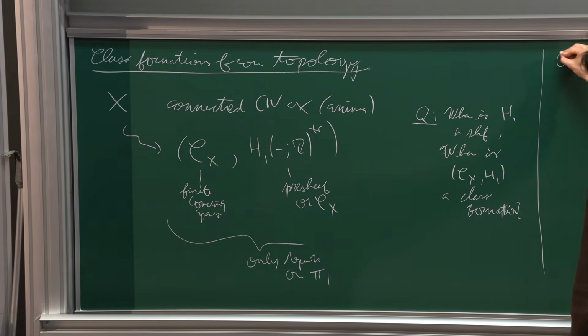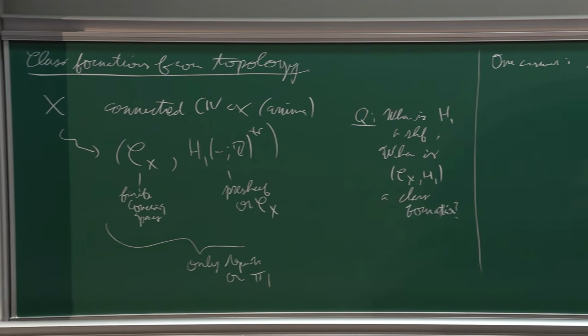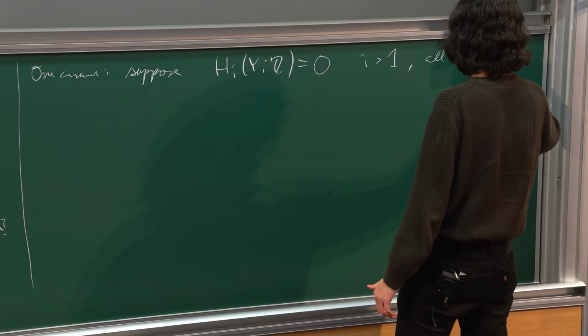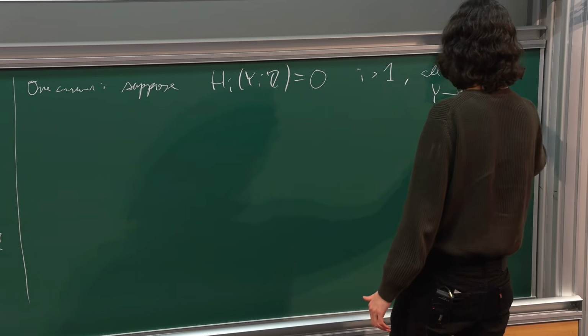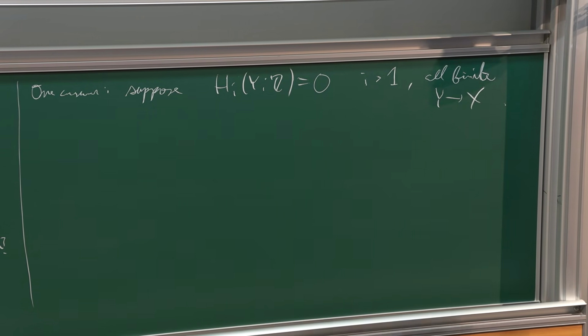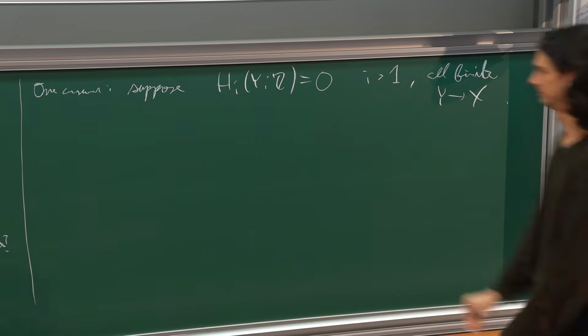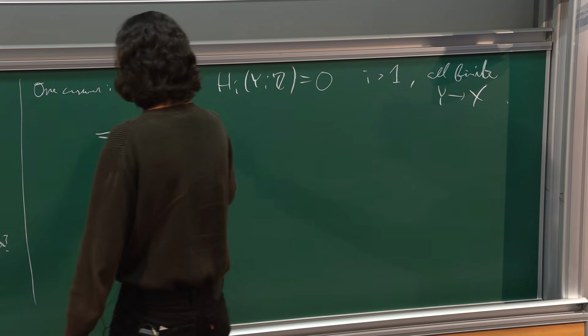So one answer. Suppose that the integral homology of Y is 0 for all i bigger than 1, for all finite covers Y of X. So if all finite covers have vanishing integral homology in degrees bigger than 1, then the answer is yes.